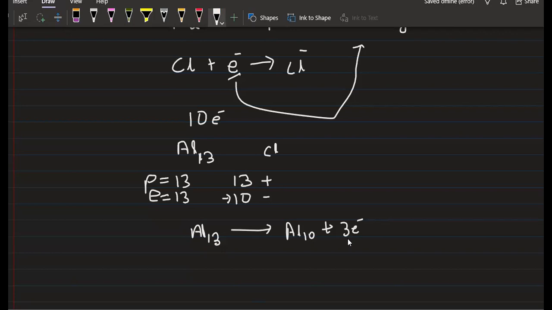So 3 electrons it will give to some other friends, those who need it. Now, when it gives 3 electrons, the number of electrons will reduce to 10. What will be the charge on aluminium?